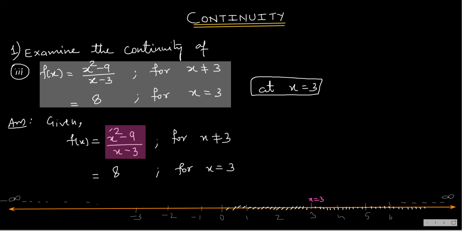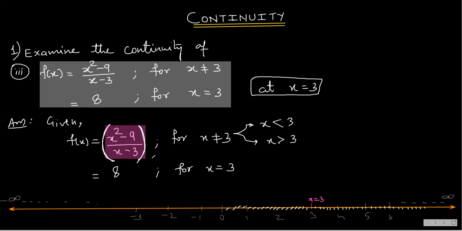So when they say f of x is x square minus 9 upon x minus 3 for x not equal to 3, they are actually saying that when x is lesser than 3 or x is greater than 3, the function is defined as x square minus 9 upon x minus 3.